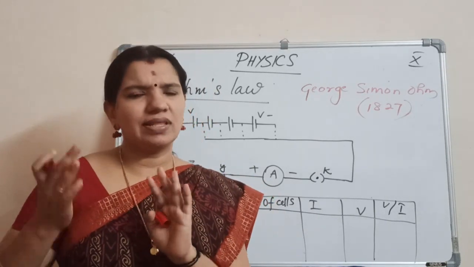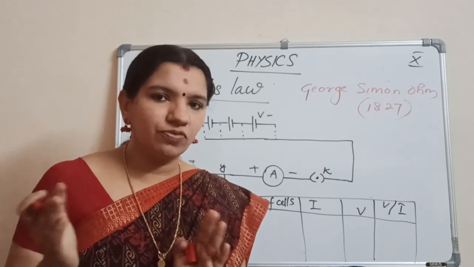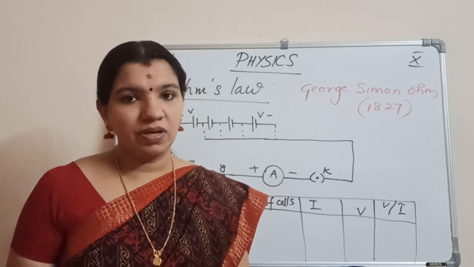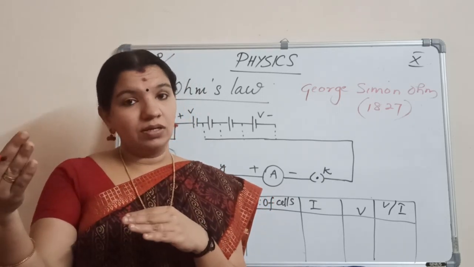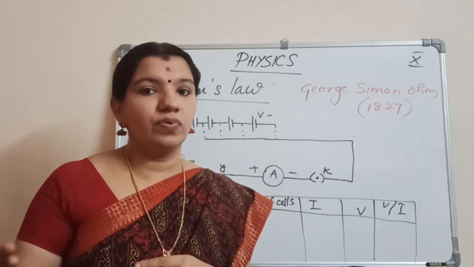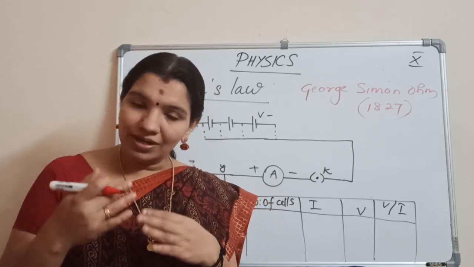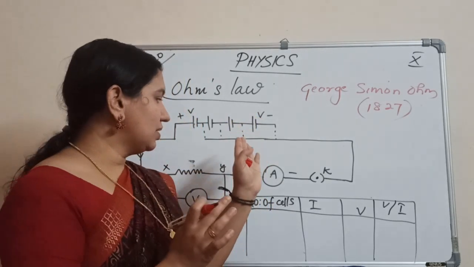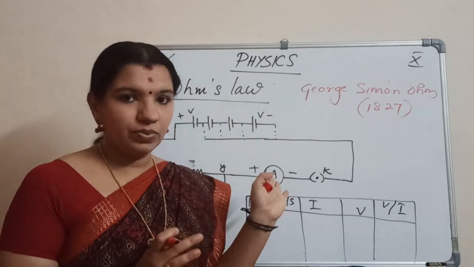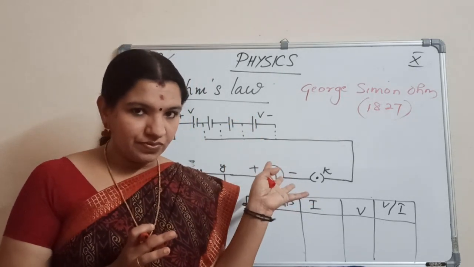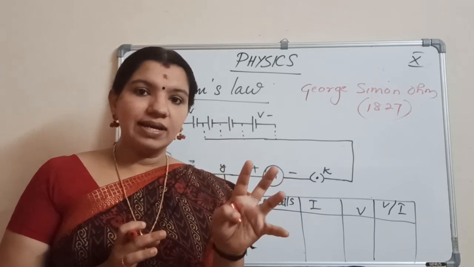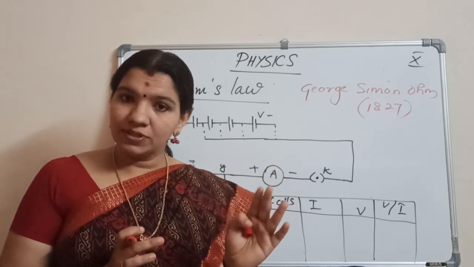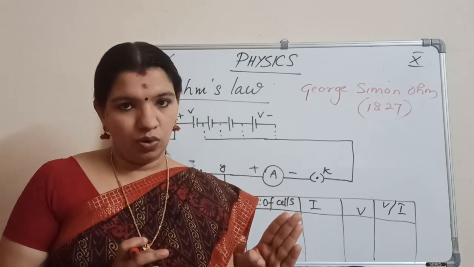He searched whether there is any connection between V and I. For that he demonstrated one experiment and could find a relation between V and I. In your textbook there is an activity, which I have drawn here with the figure. With this activity you will understand the relation between V and I, and after that we can state the law.